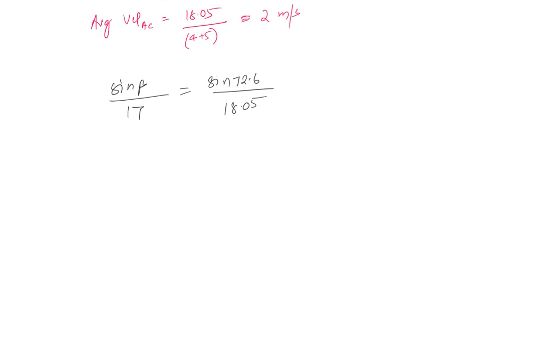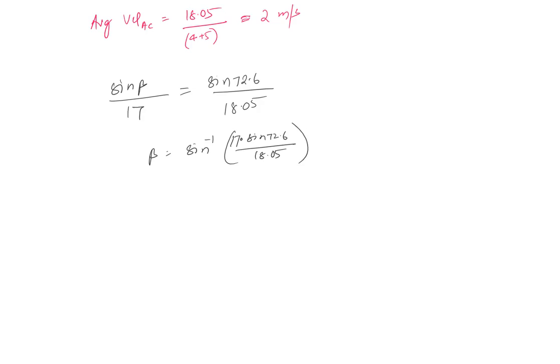Okay, so beta is equal to sine inverse of 17 times sine 72.6 divided by 18.05.